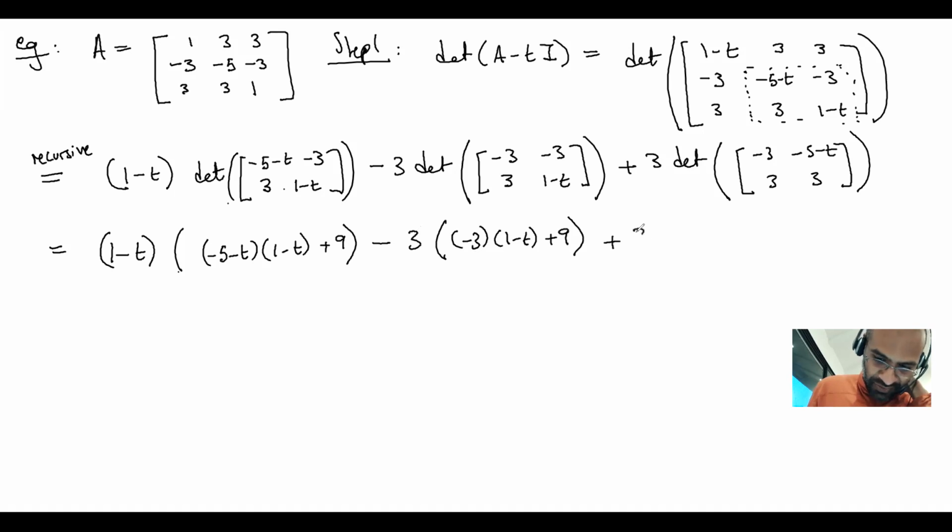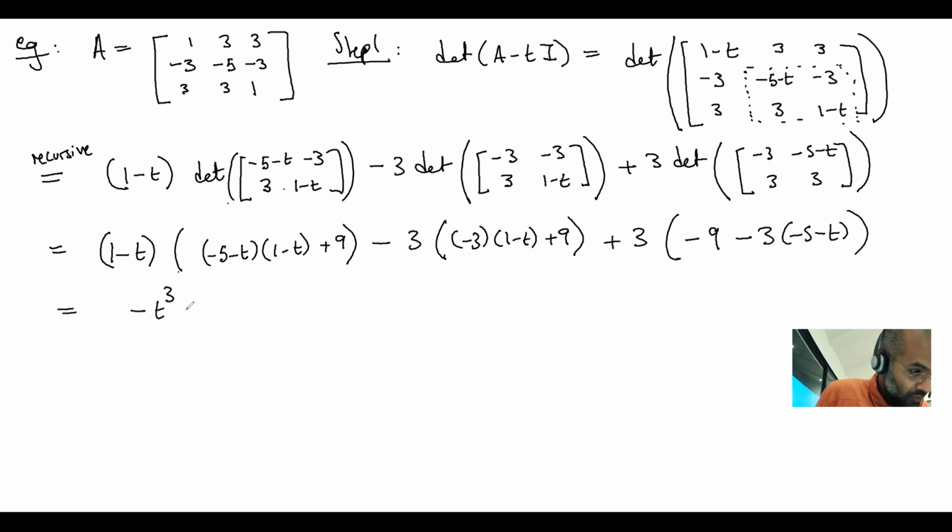And here you get minus 9, I guess, minus 3 times minus 5 minus T. And if you do all this algebra, you get minus T cubed minus 3T squared plus 4.